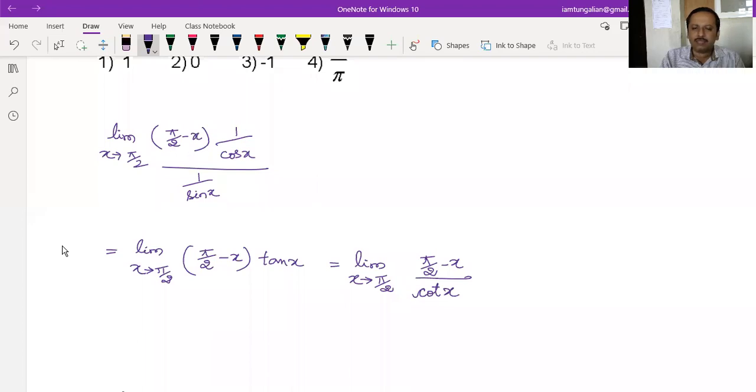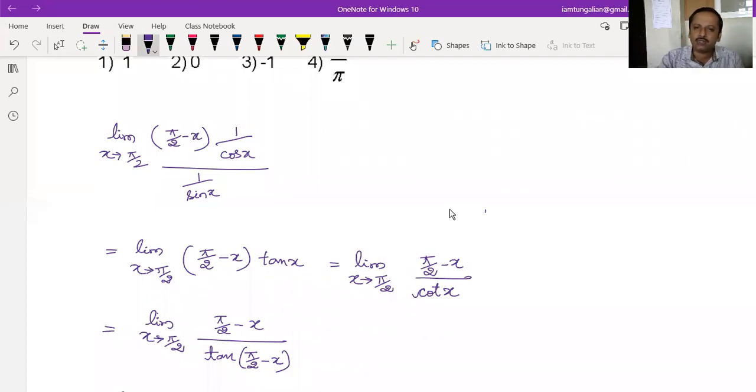Next, when x approaches pi by 2, I will write one more step here. Limit x tends to pi by 2, pi by 2 minus x divided by this cot x, which can be written as tan of pi by 2 minus x. Cot theta is equal to tan 90 minus theta. I am writing cot x as tan pi by 2 minus x. Now as x approaches pi by 2, pi by 2 minus x will approach 0.